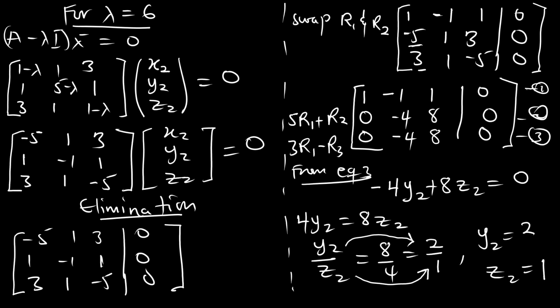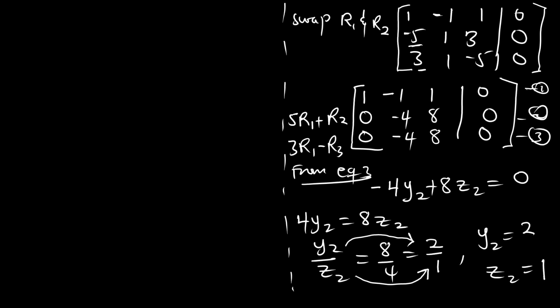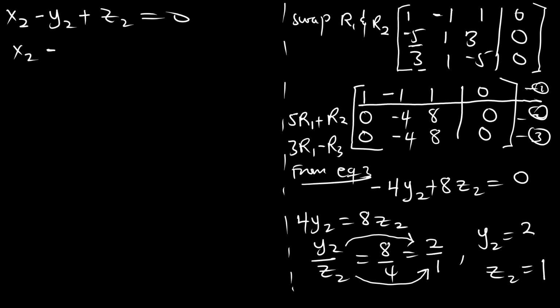So let's look at it. From equation 1, we can get our equation as, so we will look at this. This is our equation 1, the first row. Meaning we can write it as x2 minus 1 multiplying y2 plus z2 equal to 0. We already know the values of y2 and z2, so that means x2 minus 2 plus 1 is equal to 0.